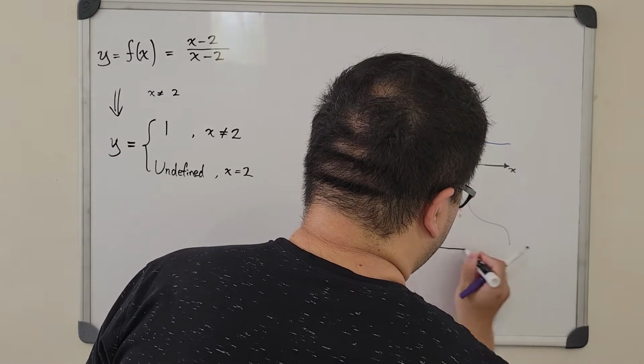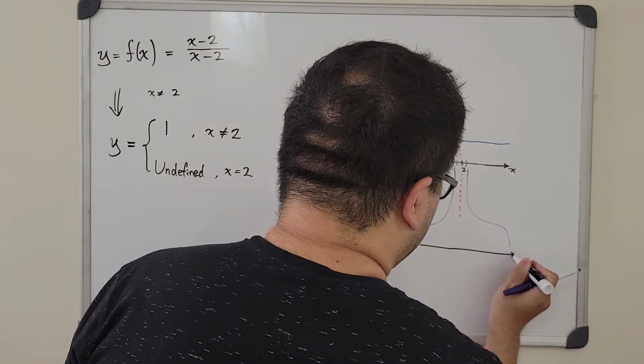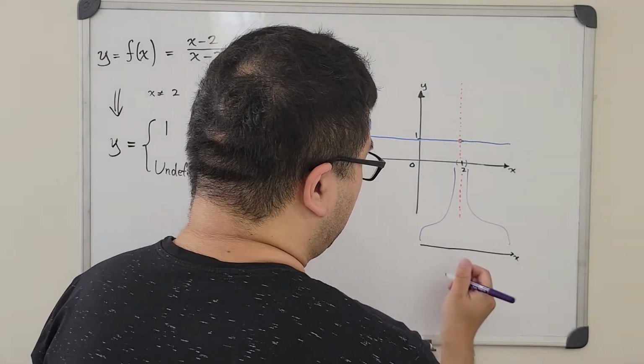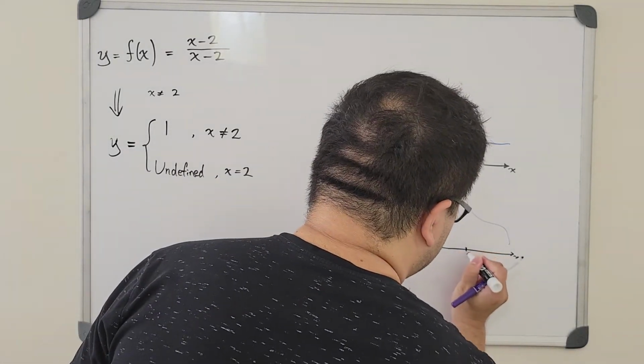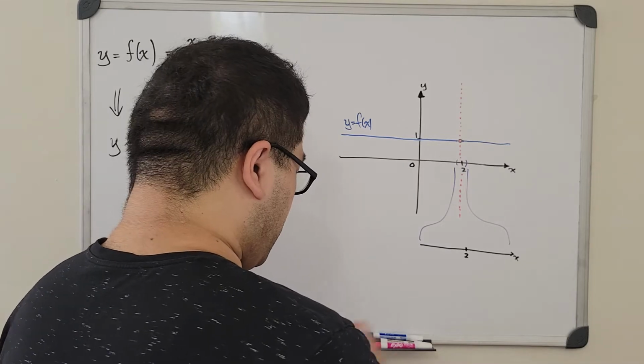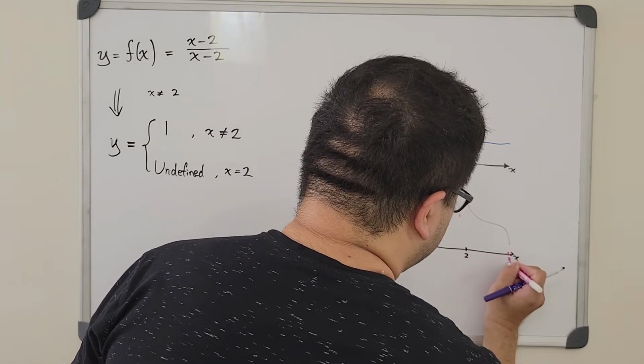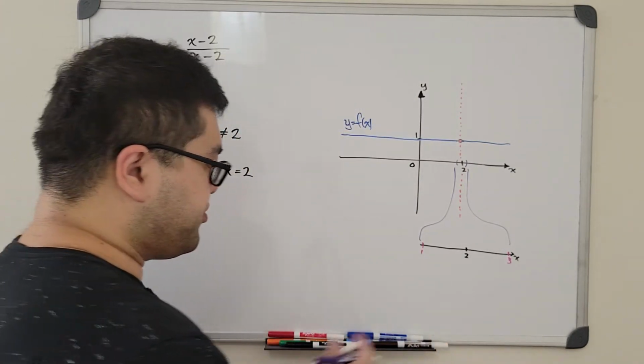So here is the x direction, and let's say 2 is in the center, where let's say here is 1 and here is 3, so that we can see some numbers.